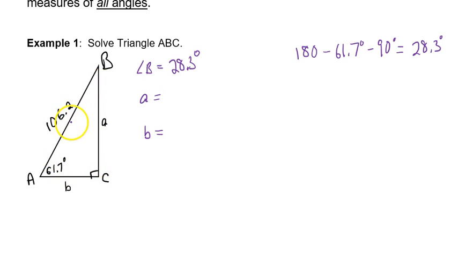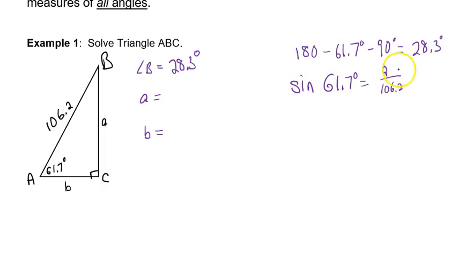I know the hypotenuse, so that's pretty useful, and A, from the perspective of the 61.7, is the opposite side. Opposite and hypotenuse go with sine, so I'm going to say sine of 61.7 is A over 106.2.